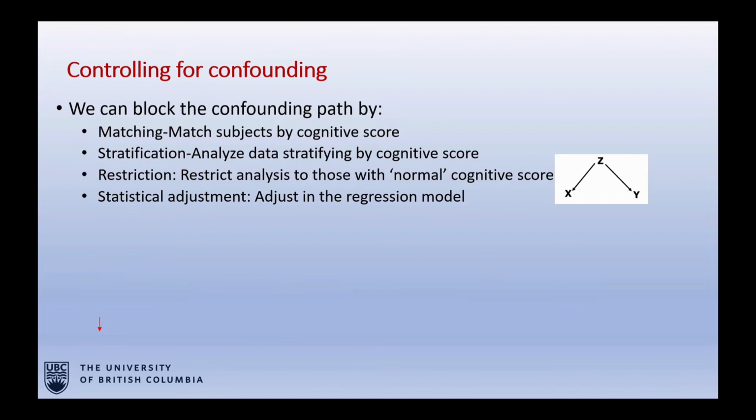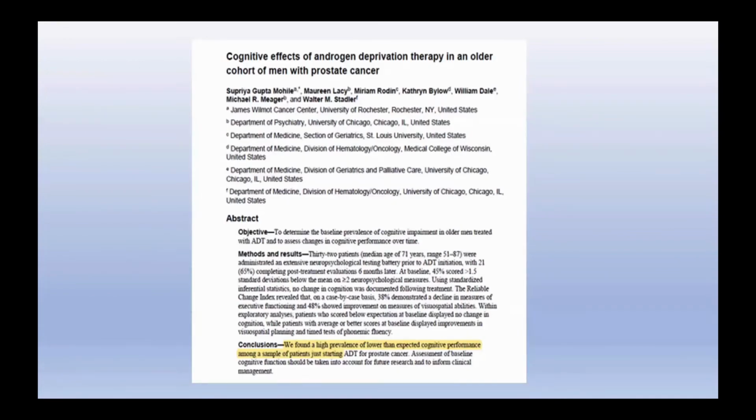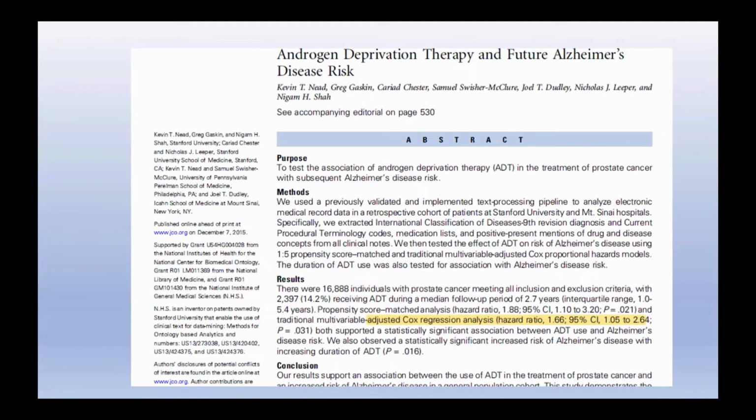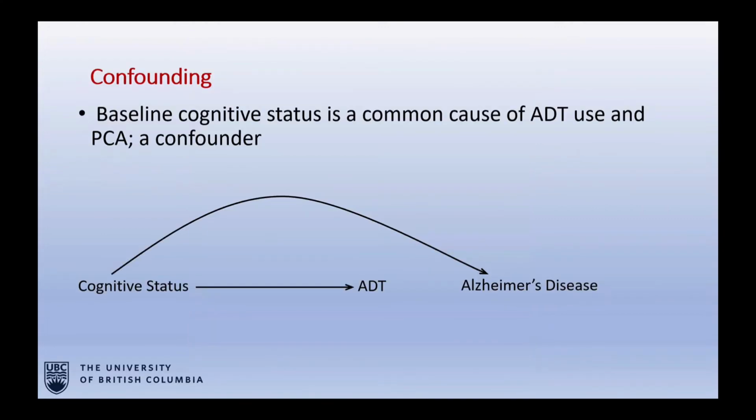Mark, can I just interject? Go back one slide, just because I'm not sure. No, one forward. Sorry, forward, not back. There. So why is it that you've got the arrow for cognitive status pointing towards ADT when ADT is the common cause of cognitive status rather than cognitive status being the common cause of ADT? So can you just clarify that?